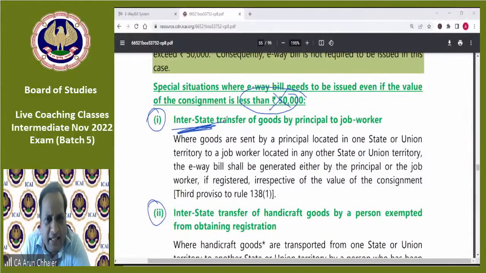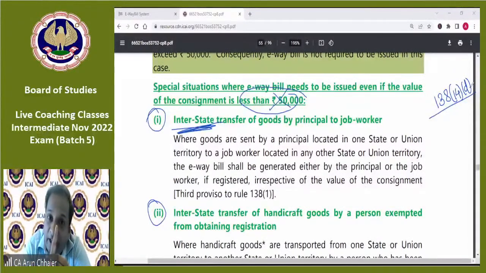Now you may ask, sir, why not intrastate? Please note one thing. You can write somewhere Rule 138 sub Rule 14 clause D. Rule 138 sub Rule 14 clause D is giving the power to the state that they can fix the limit, they can specify the area where the e-way bill is not required.